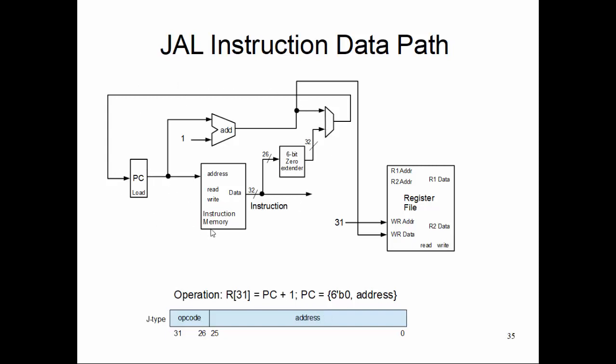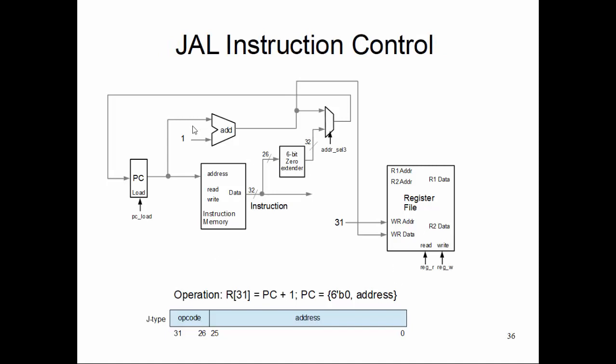The only additional thing we need to make sure is that register 31, which is the write address, is connected to a fixed 31 value, and write data is coming in this case from the PC plus 1, from this adder, which is resulting in the PC plus 1 value. From that we are getting that value and connecting it into the write data of the register file. So that becomes your JL instruction data path.